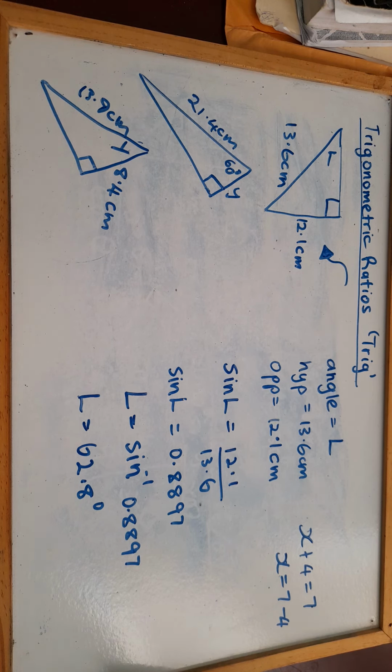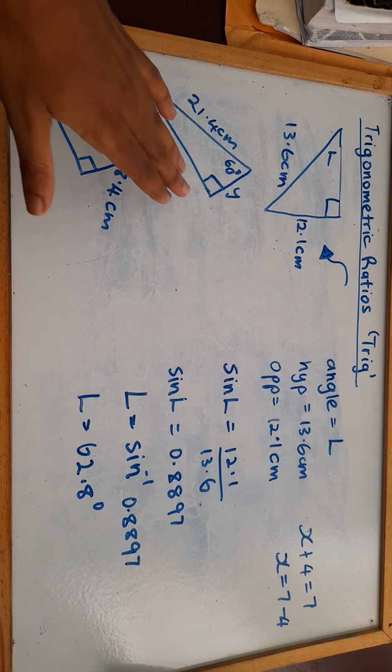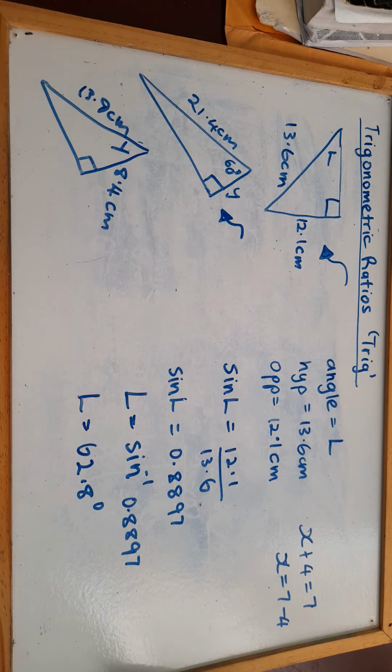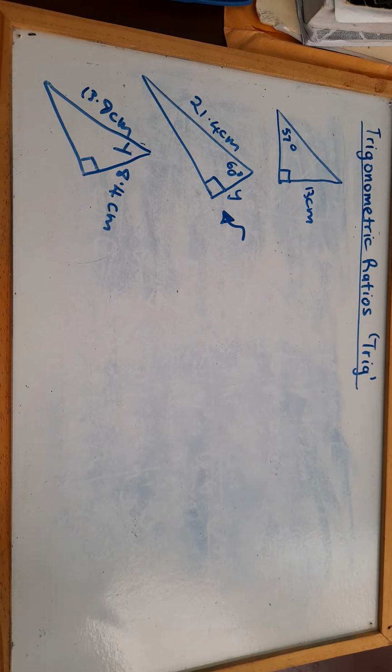Now, the same process applies for cos, it also applies for tan, right? So we'll now work this problem. Because I've explained before, I'm just going to be going through it.